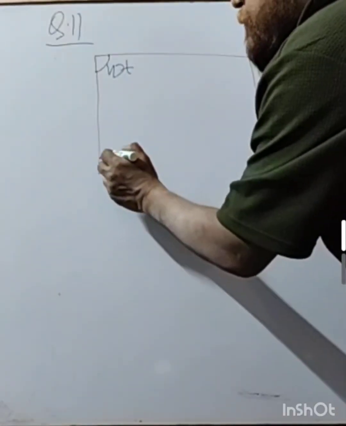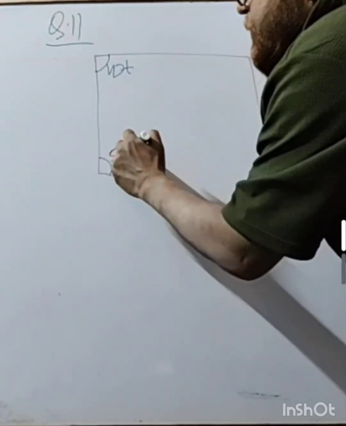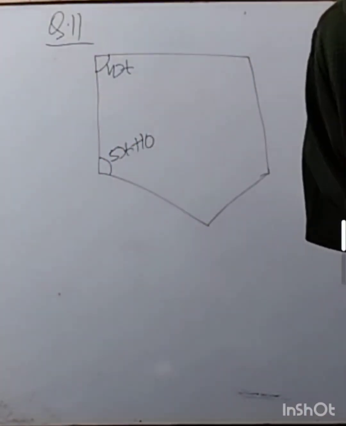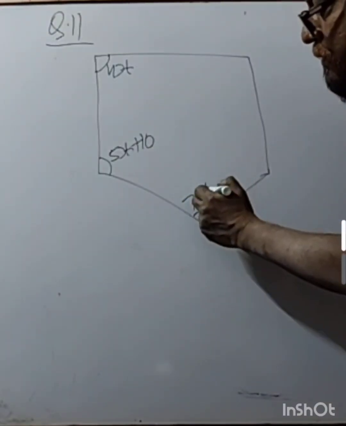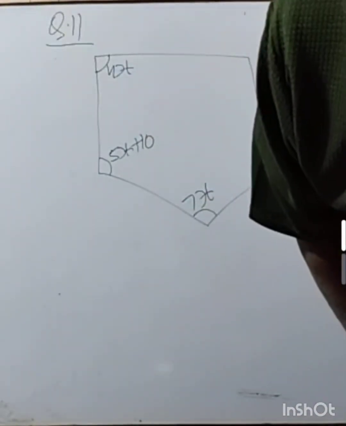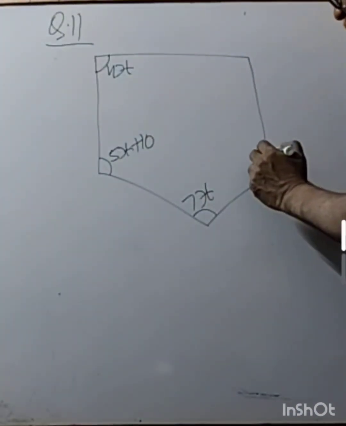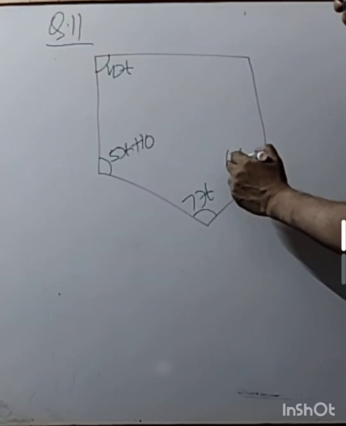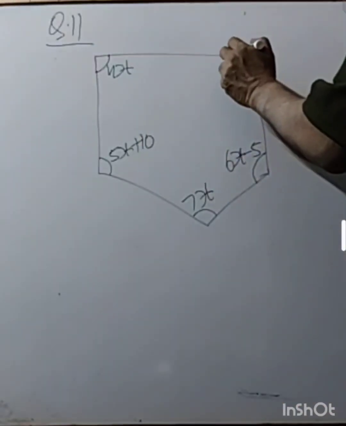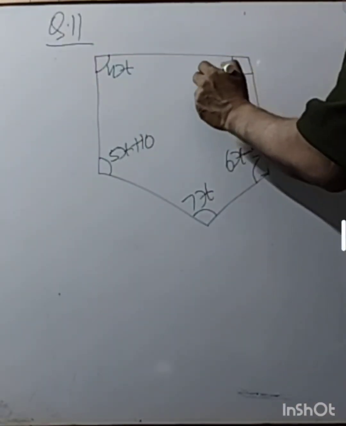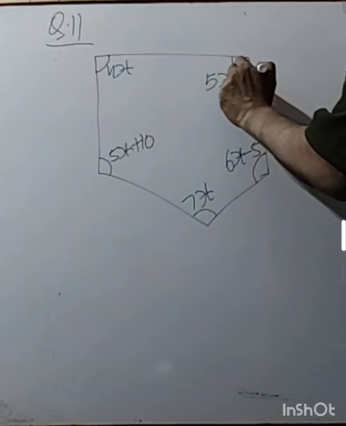So now we have to start with question number 11. The angles are 5x plus 10, this is 7x, this is 6x minus 5, and 5x minus 5, right?